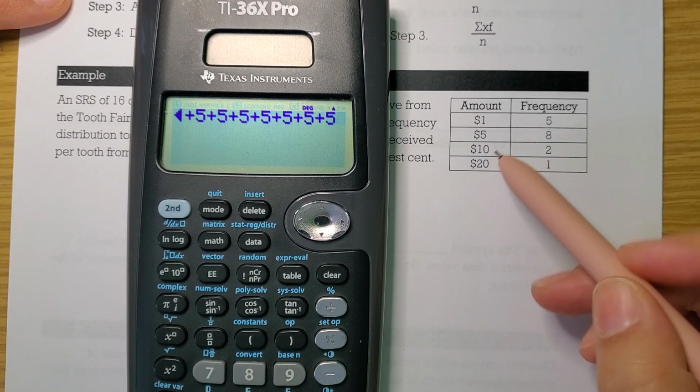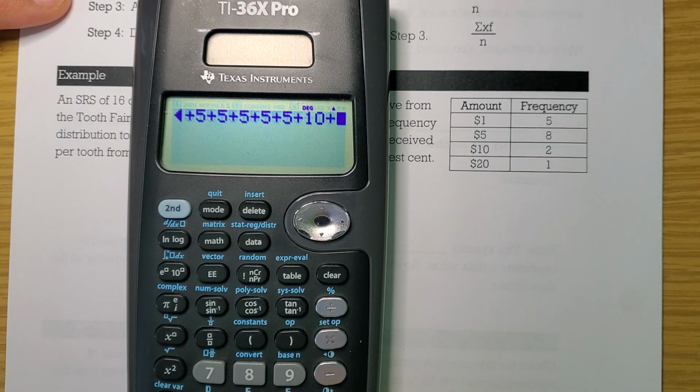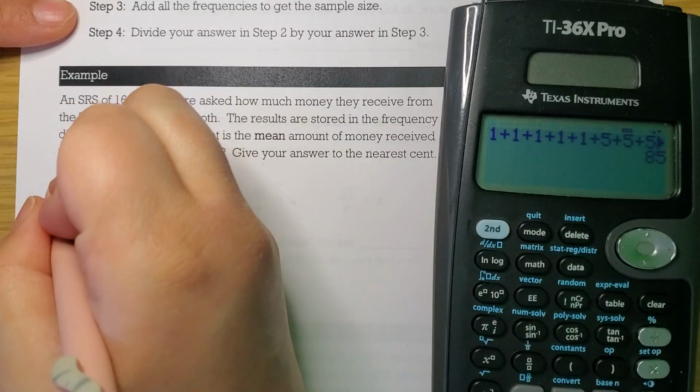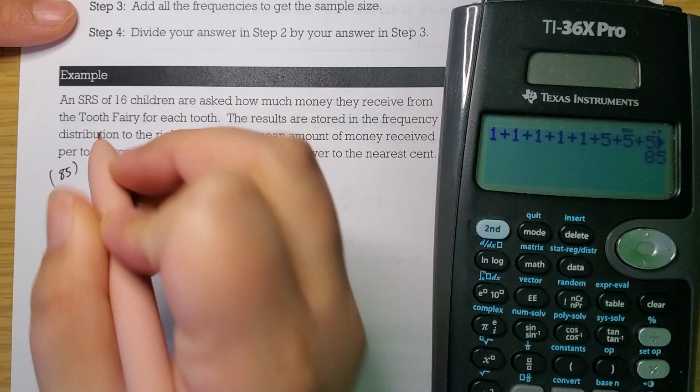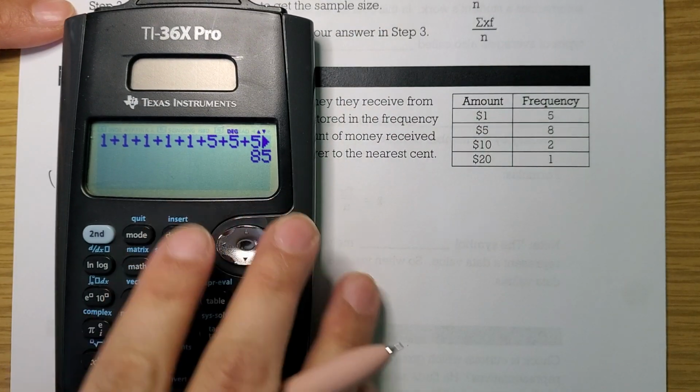Then we have 2 copies of 10, and then a 20. When I add all of those up, I got 85. I'm going to jot that down over here as a reminder.